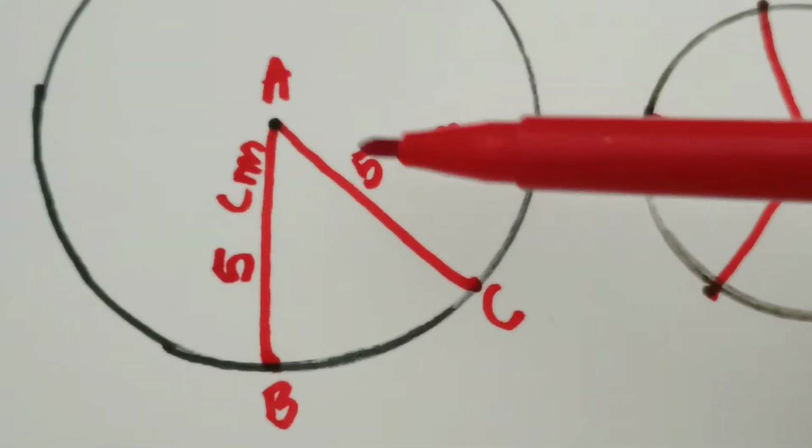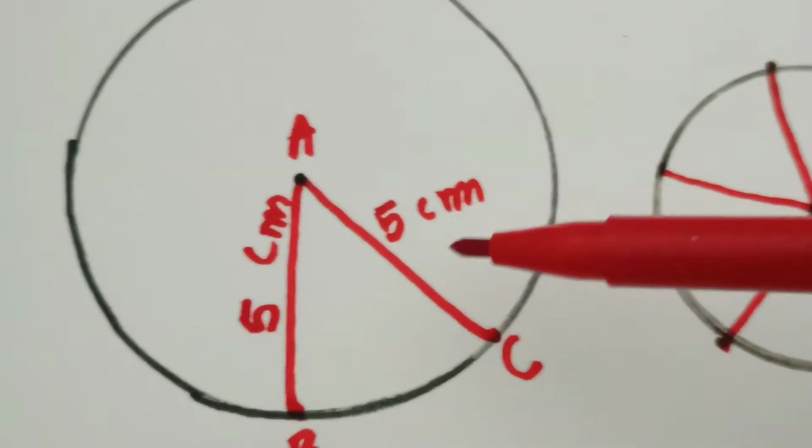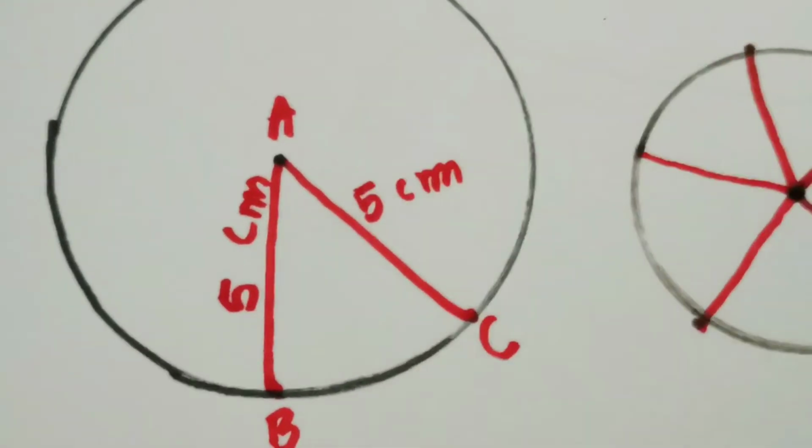That means the points on the boundary of the circle are equidistant from the center of the circle.